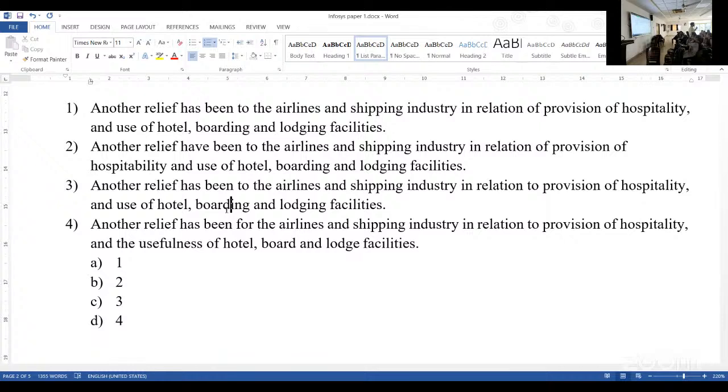When you say action, what is the part of speech? Verb, right? Then can you consider a verb as a subject? So relief is not the subject. So have is the answer. The subject is airlines and shipping industry, so we have to use have been.